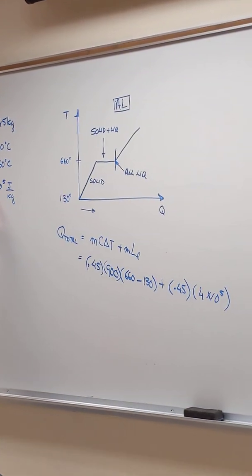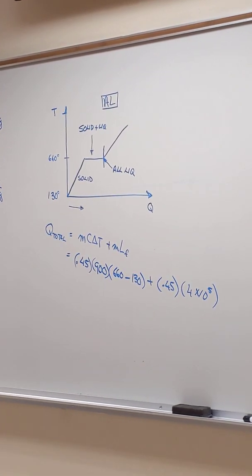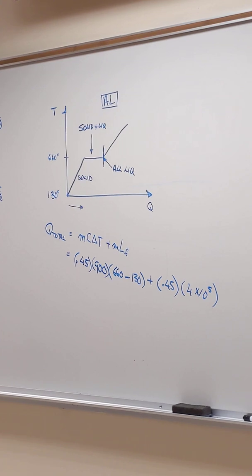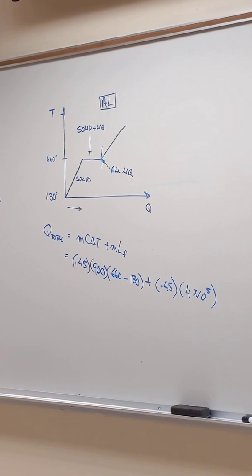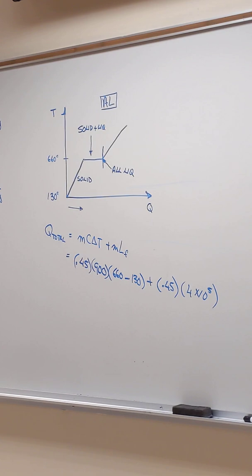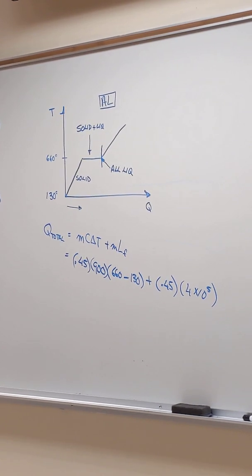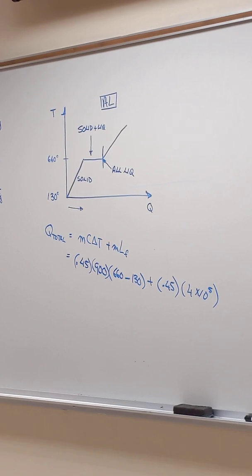Are there any questions about that? This is accounting for both processes as I add heat to the system. You could even think of it as a stick of butter. Put a stick of butter in a pan, it's solid at first.